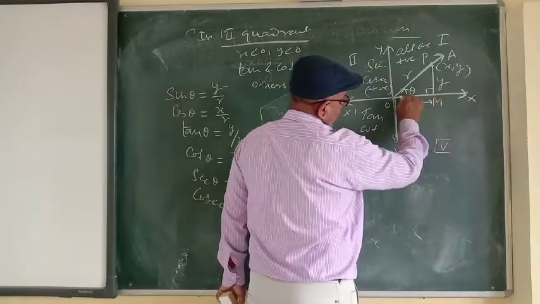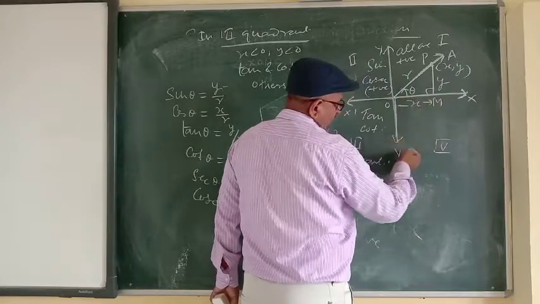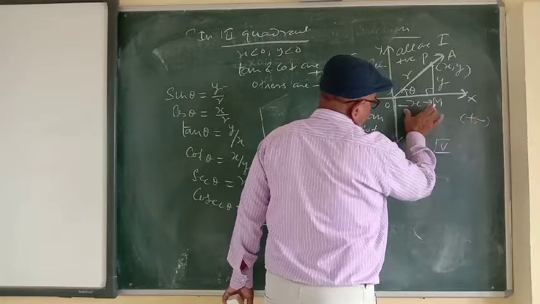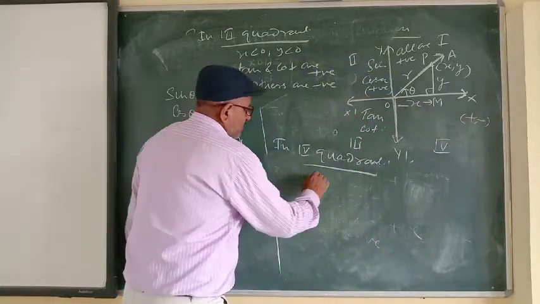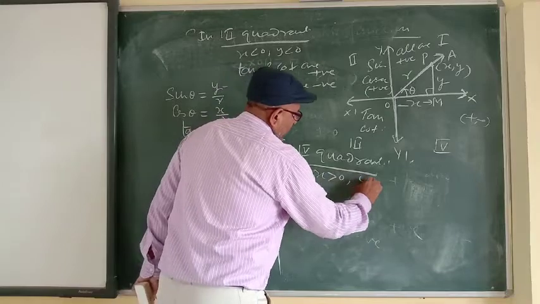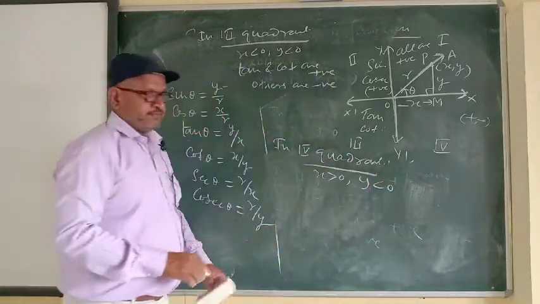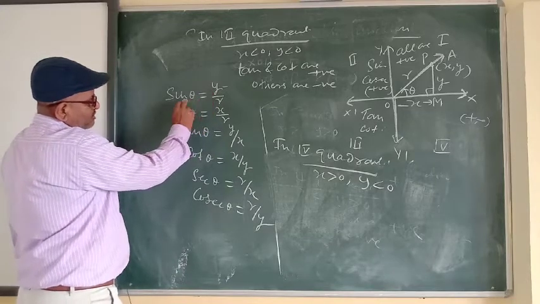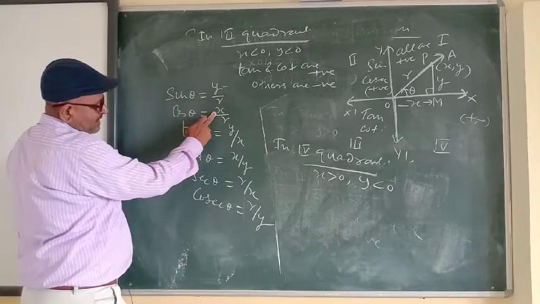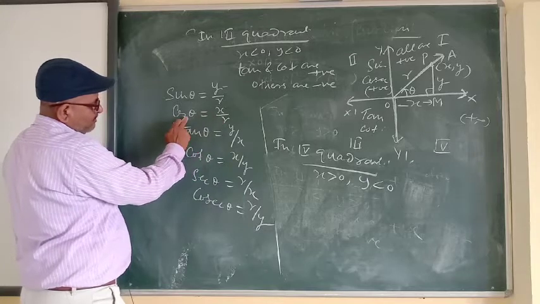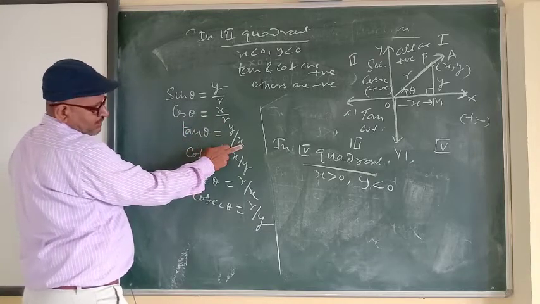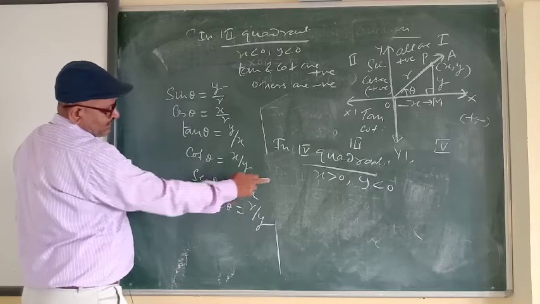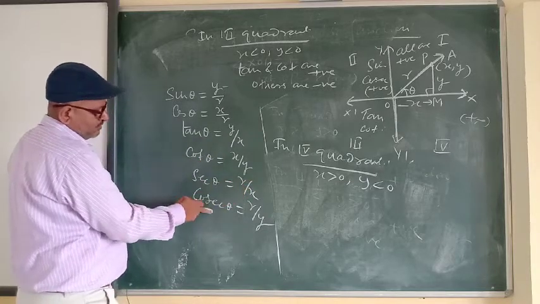In the first quadrant x is positive, y is positive; in the second, x is negative, y is positive; here in the fourth, x is positive, y is negative. So x greater than 0 and y less than 0. So y is negative, so sin will be negative. x greater than 0, r greater than 0, cos will be positive. Here y is negative, so tan is negative, cot negative. x is greater than 0, r greater than 0, sec is positive, cosec again negative.